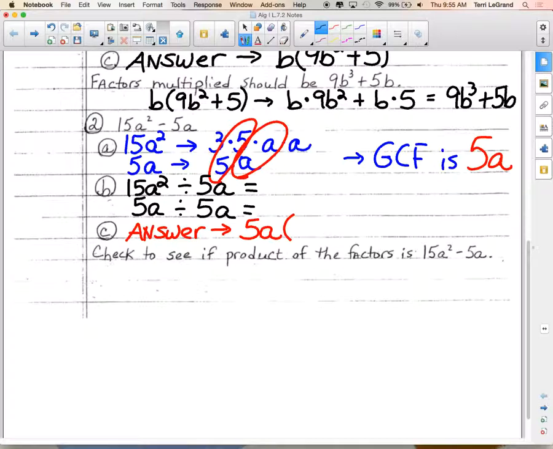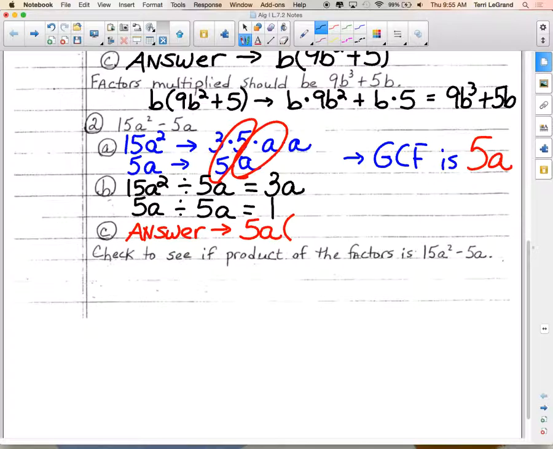So what's 15a squared divided by 5a? Basically, it's like this. What's 15 divided by 5? 3. And what's a squared divided by a? a. What's 5a divided by 5a? 1. Anything divided by itself is 1.